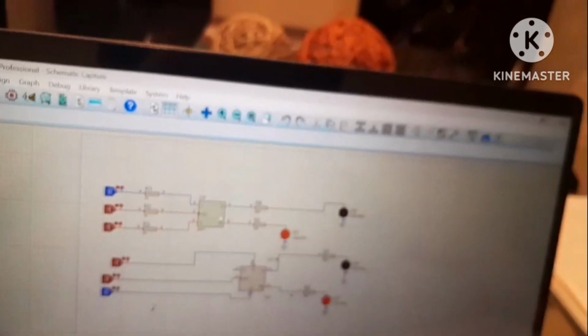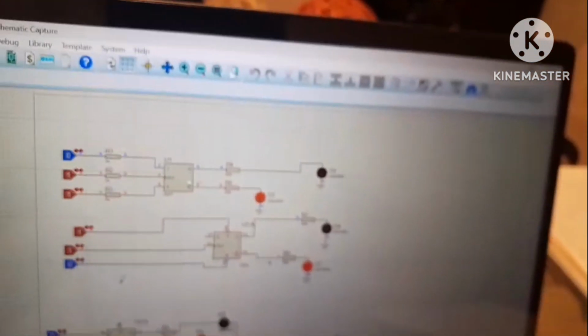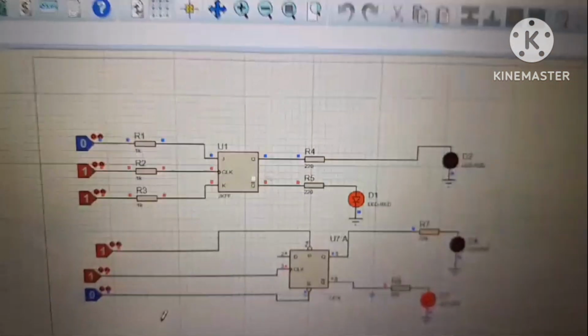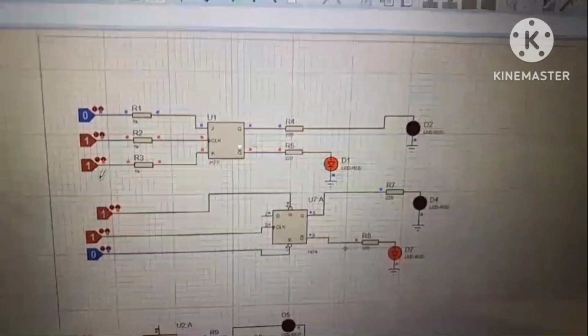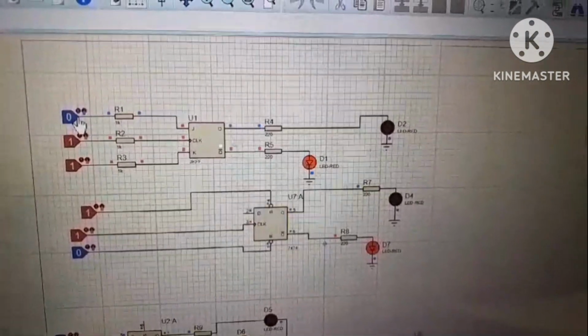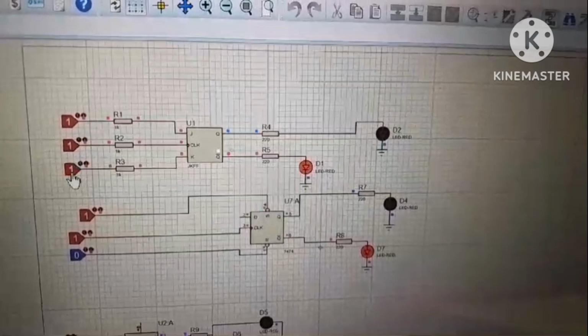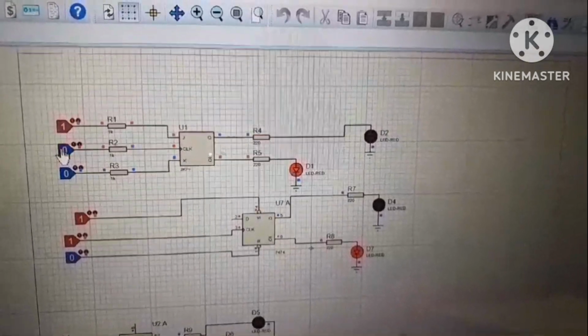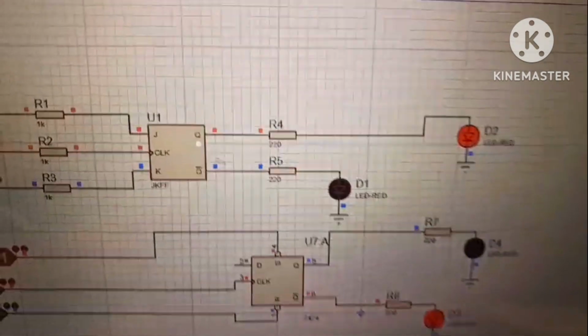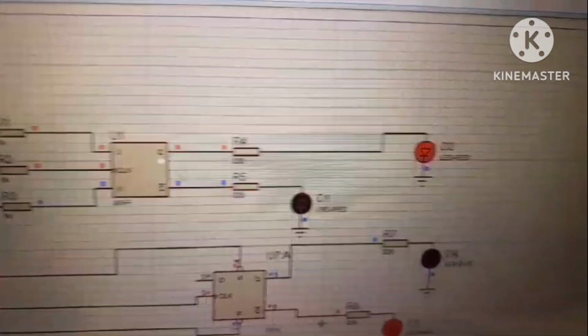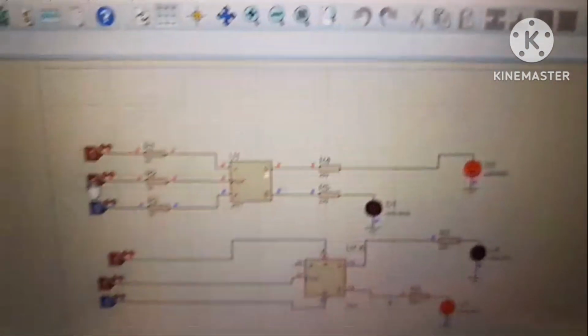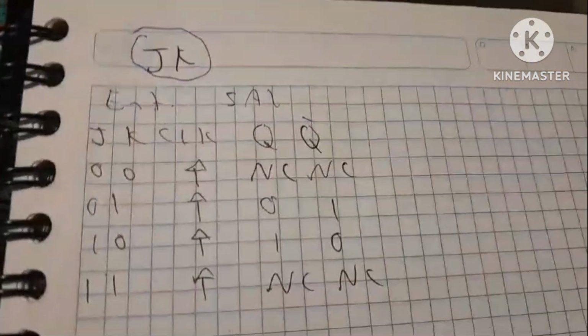And now we're going to observe the same function with the J only. The Q is going to be on, as we can observe on the datasheet, on the truth table.